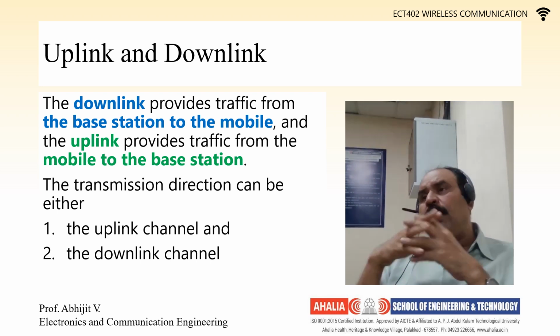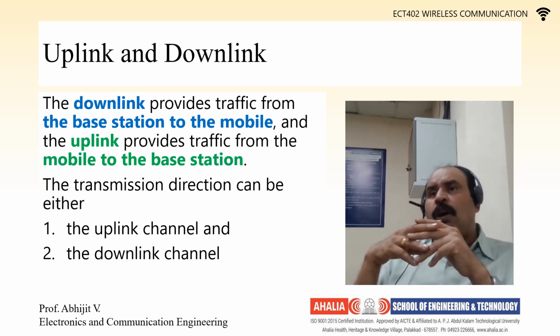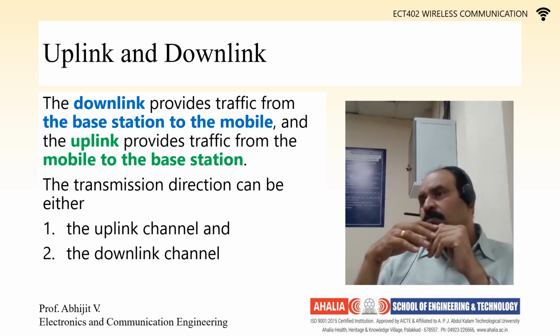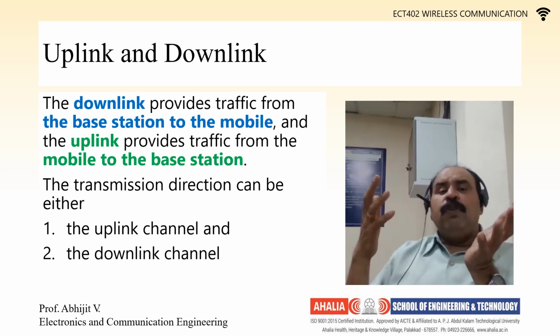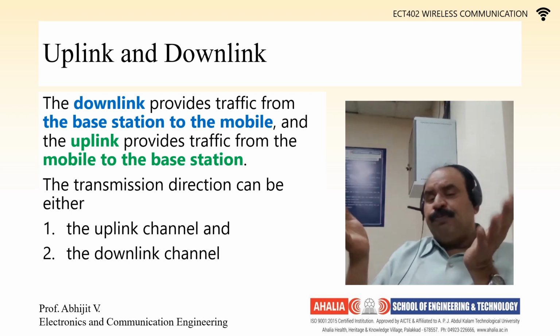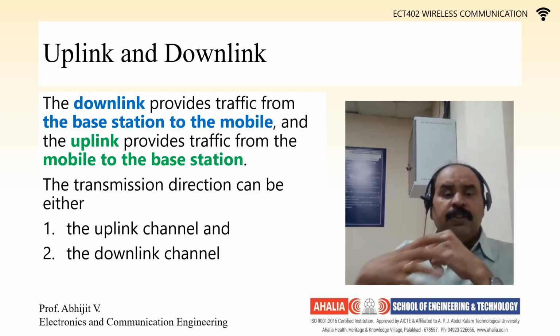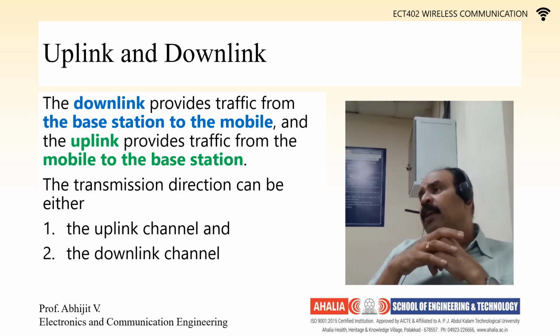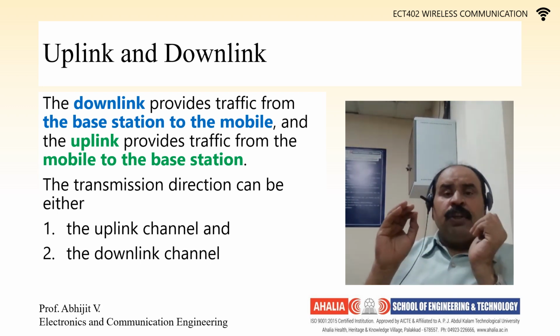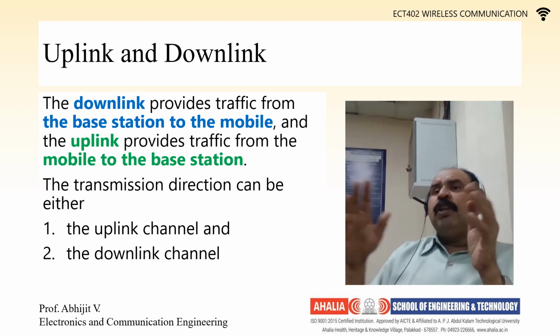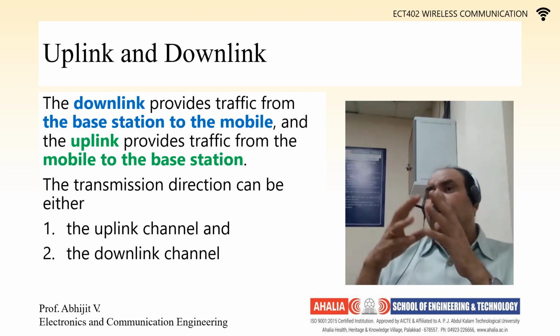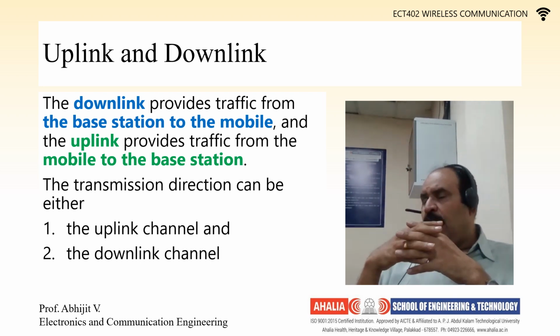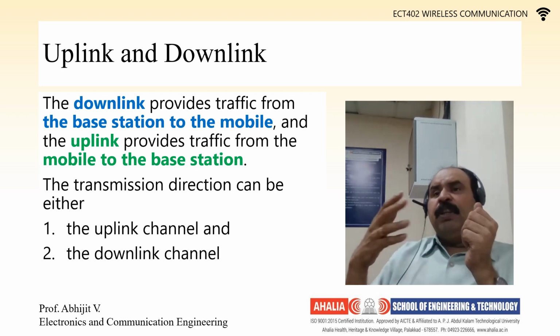We have two important directions called uplink and downlink. We call them forward and reverse also in other terms. In downlink, the transmission is from a base station to the users. There is one transmitter and multiple receivers. It is called broadcasting or something like that.